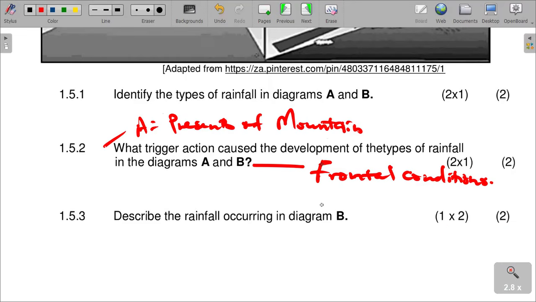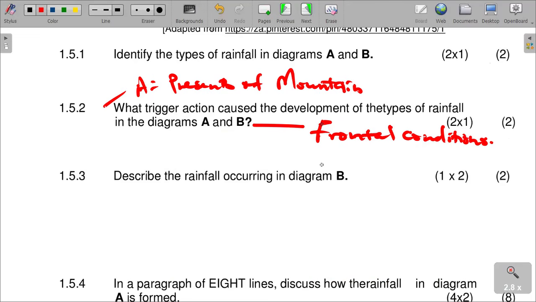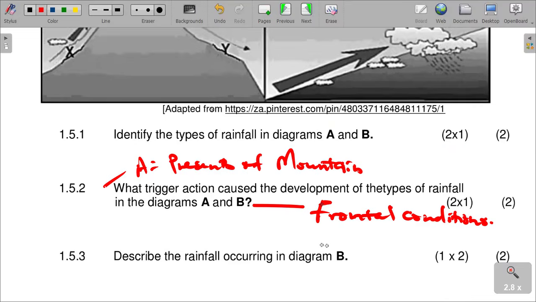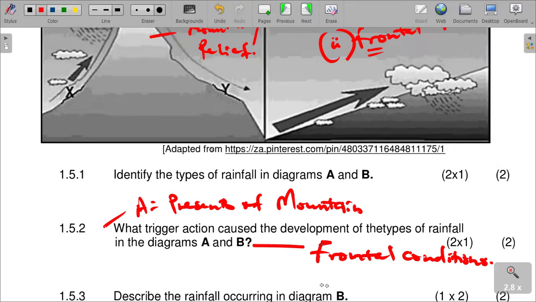And then describe the rainfall occurring in B. As you can see, the rainfall that is occurring in B, what we need to understand is that this is continuous rain over a wide area. We are seeing the rainfall is covering a wide area.